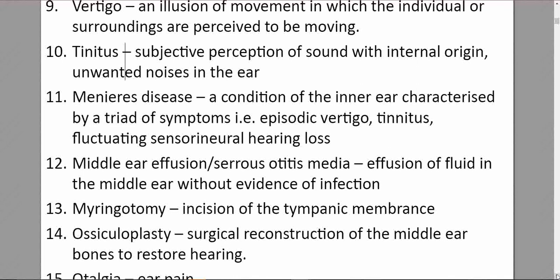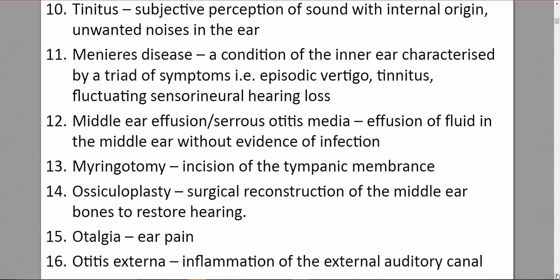If you are having an injection of quinine, and then you are on the side effects, you get that your ears are ringing each and every time. That is tinnitus. It's just a perception of sound, subjective, not objective. So it's a symptom where the patient is the one who is feeling it. Perception of sound with internal origin, unwanted noise in the ear, tinnitus.